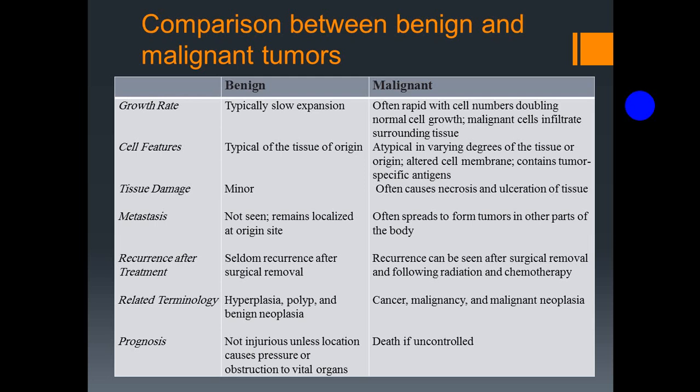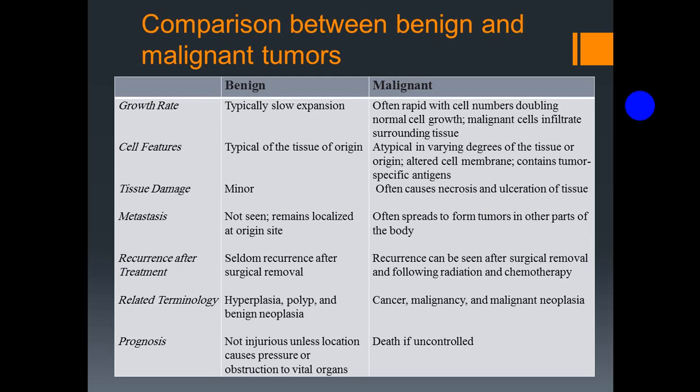Recurrence in the benign is rare after surgical removal, while in the malignant, the recurrence of tumor is obviously seen even after the surgical removal and following radiation and chemotherapy.